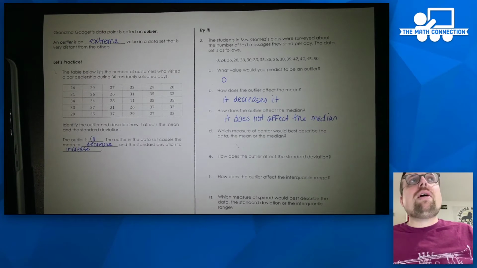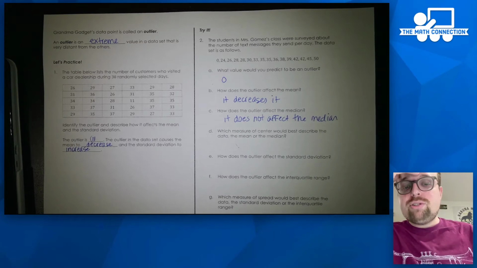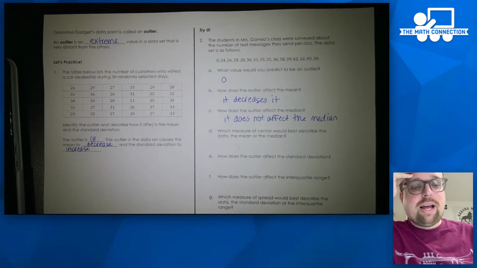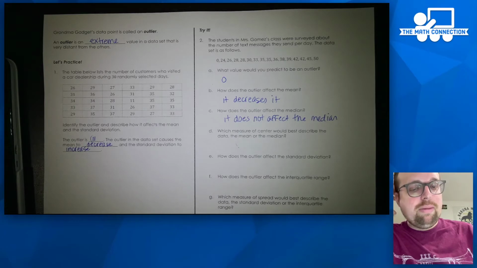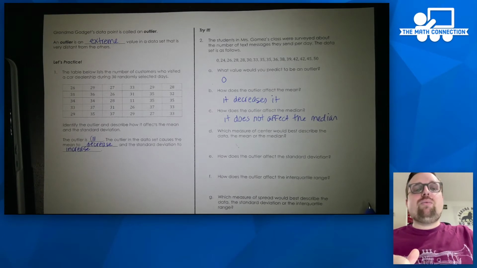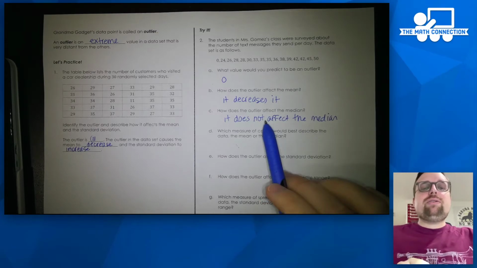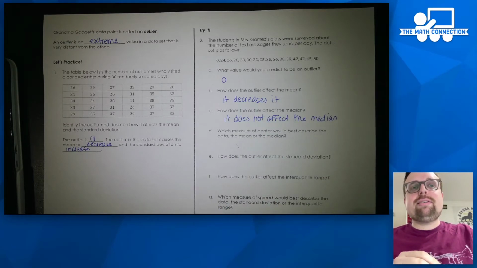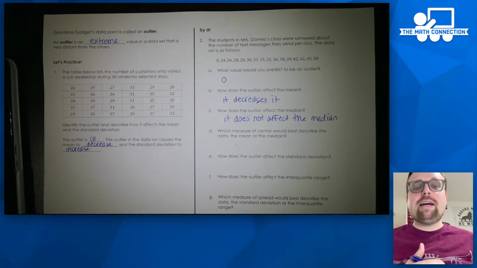Okay, the next question says, which measure of center would best describe the data, the mean or the median? Well, one way we can look at this is we can look at the answers to our last two questions and decide, is the mean being affected by the outlier or not? And is the median being affected by the outlier or not?